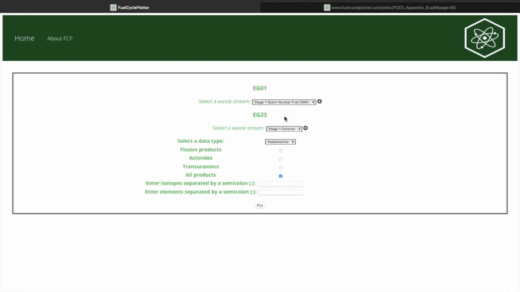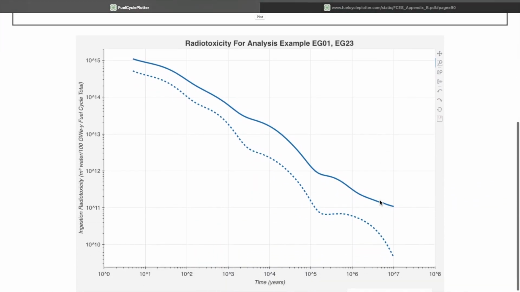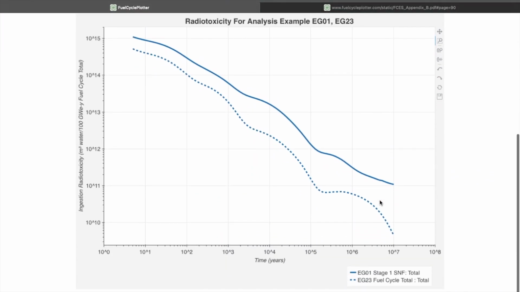The DOE report suggested that another fuel cycle, which they refer to as EG23, would be a great alternative to EG01. You can see here that EG01, the solid line, is consistently higher than EG23, the dashed line.